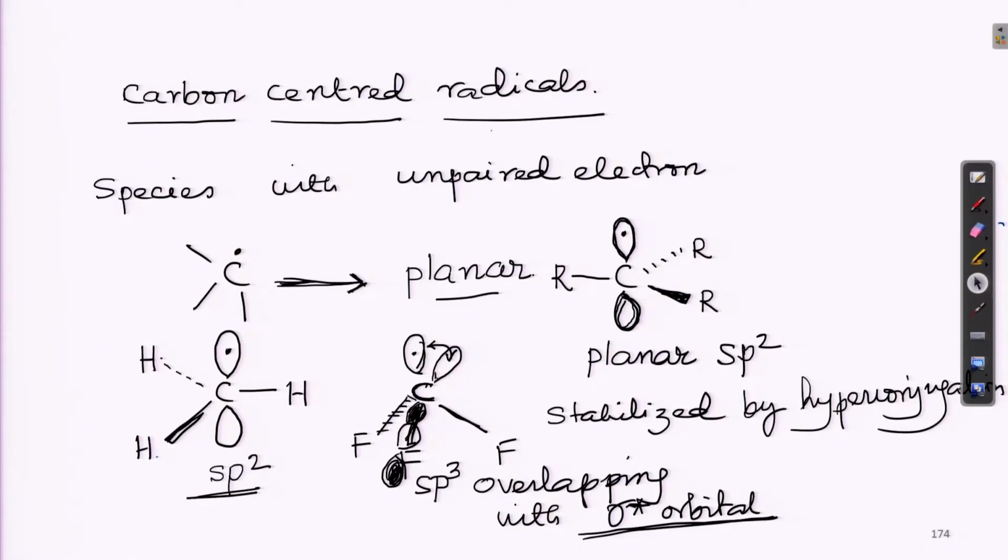So, that is why a majority of the radicals have planar structure with the carbon in the sp2 hybridized form.